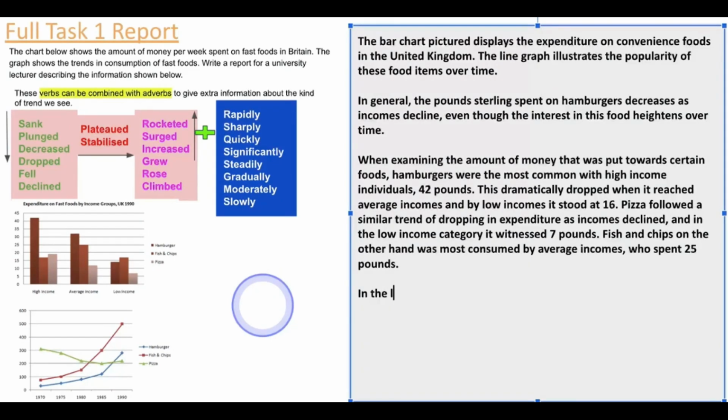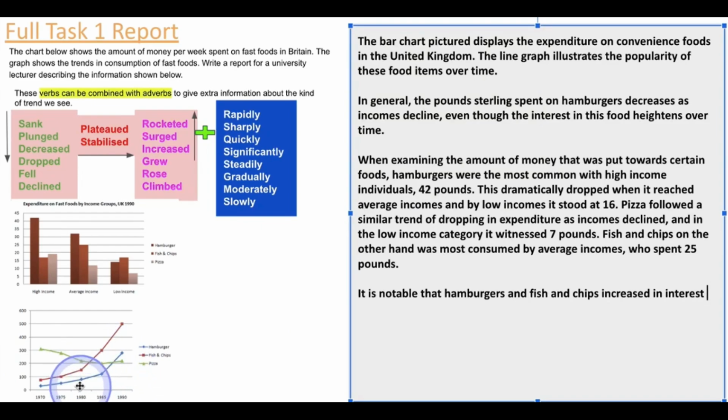In the line graph, it is notable that hamburgers and fish and chips increased in interest after 1980, particularly after the 1980s.